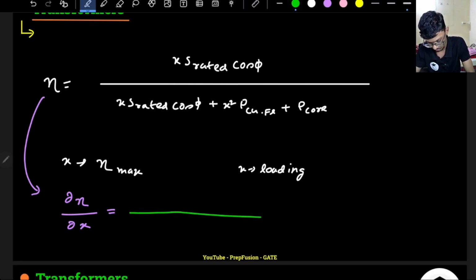The denominator will be whole squared. What is the condition for maxima of a function?